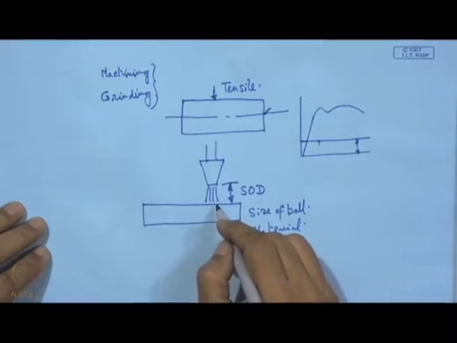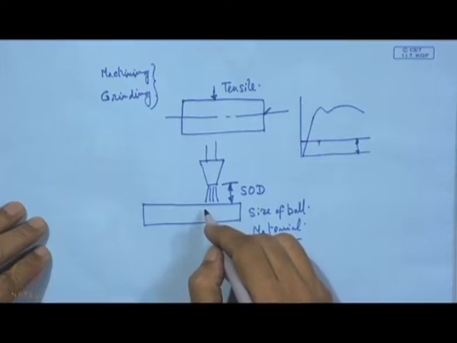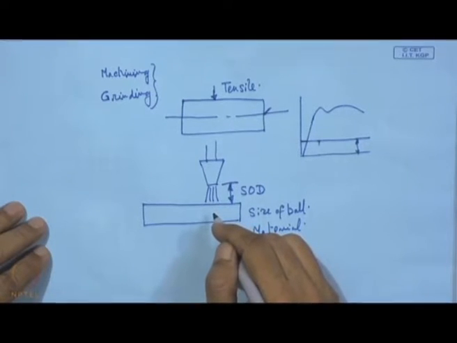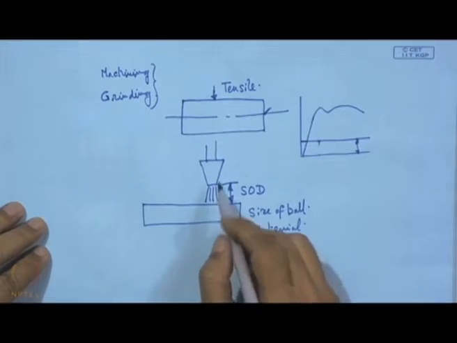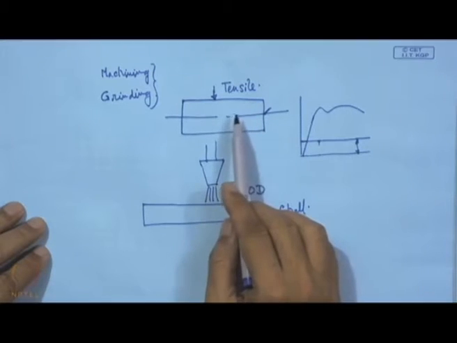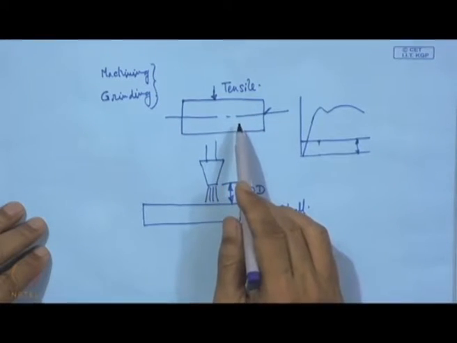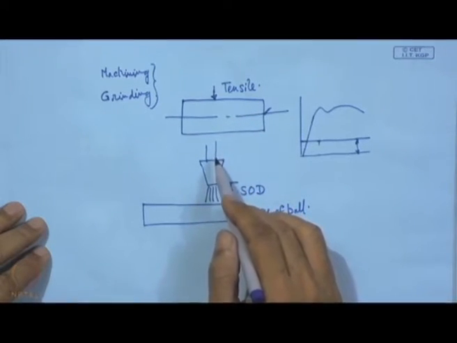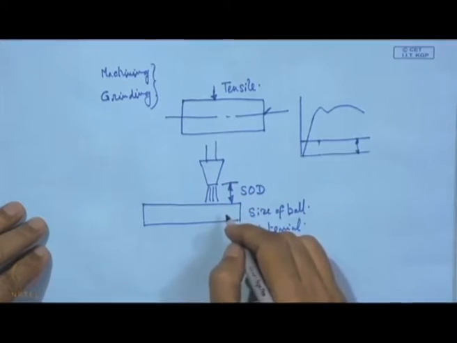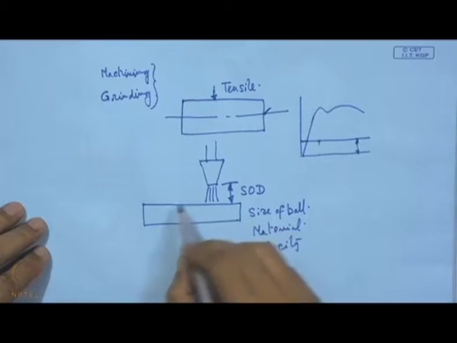There can be some plastic flow of the material, and as a result all the things which were originally the shortcoming of a ground or machined part can be neutralized a little bit, and as a result of this shot peening we can get a favorable surface property.